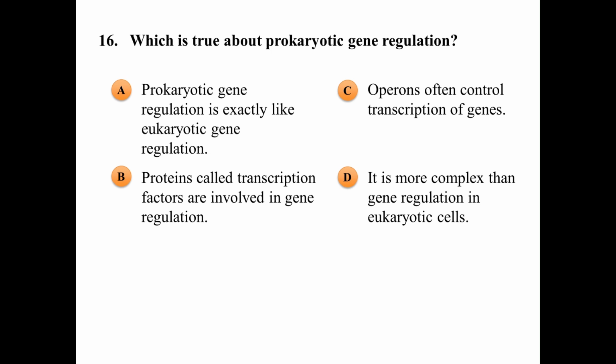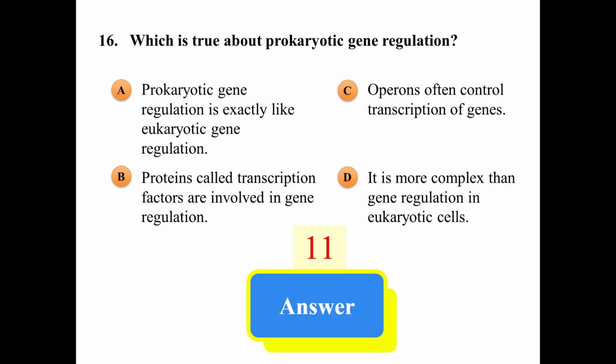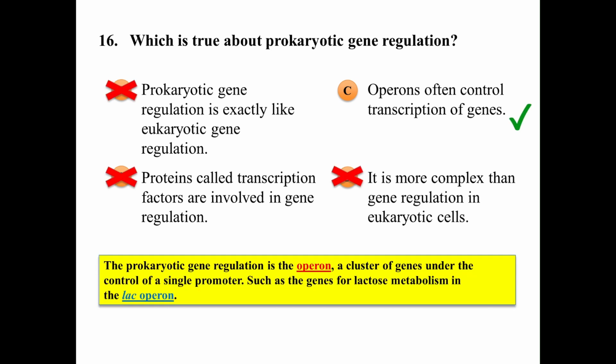Which is true about prokaryotic gene regulation? The correct answer is C. Operons often control transcription of genes.